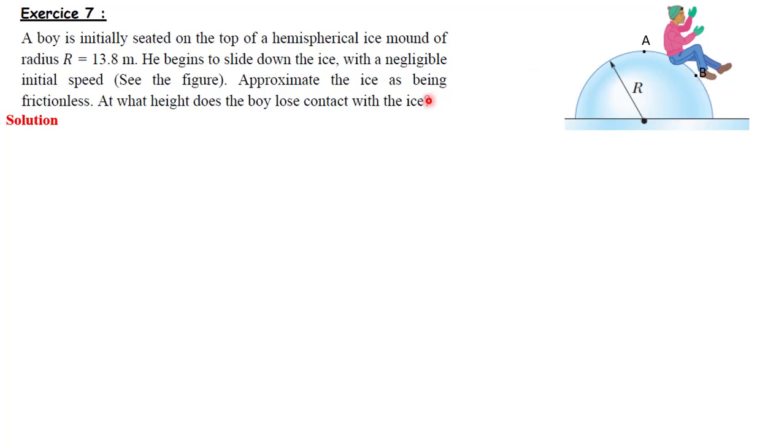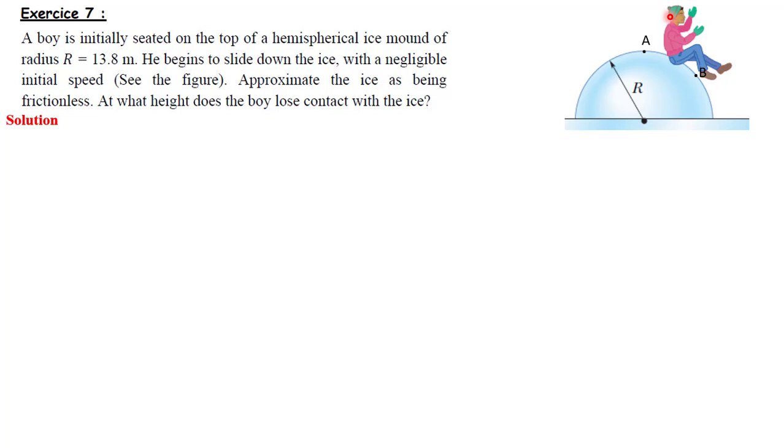So this exercise deals with the normal reaction. So at the first step, we have to find the normal reaction and we have to put it as equal to 0, or we can write that the normal reaction should be less than or equal to 0. So we can find the height at which the boy loses contact with the ice.